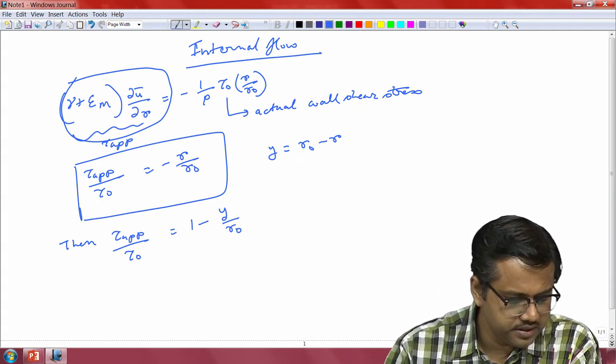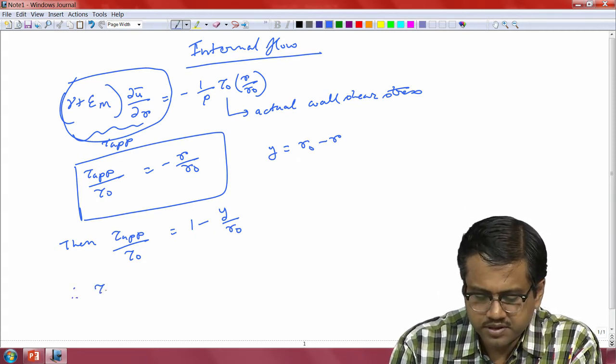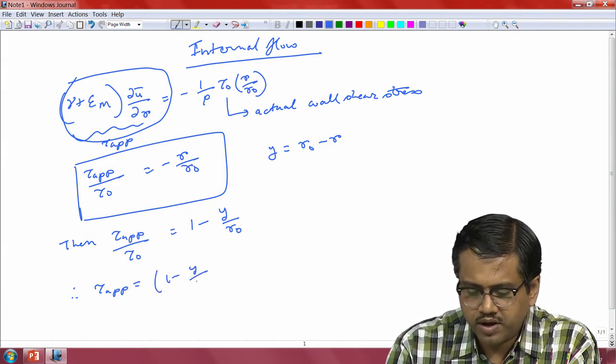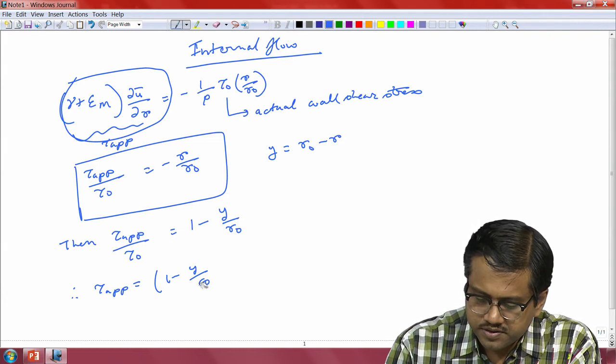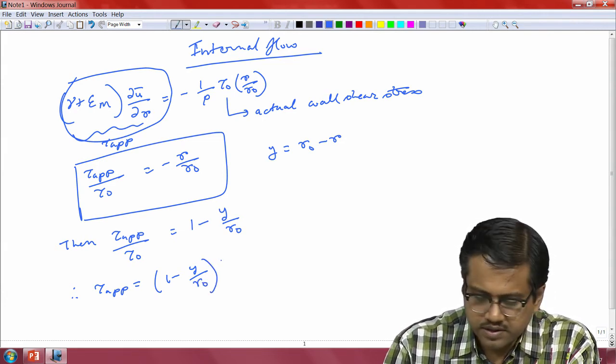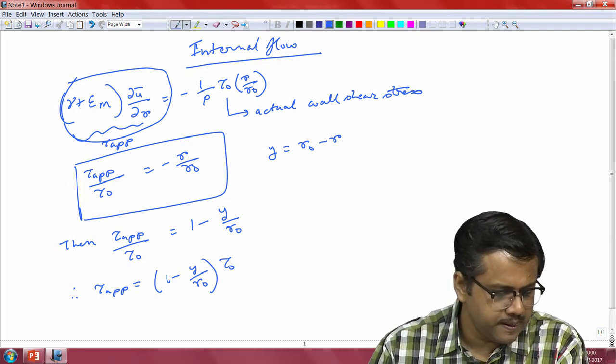Therefore, the tau apparent will be equal to 1 minus y over r naught, into tau naught.